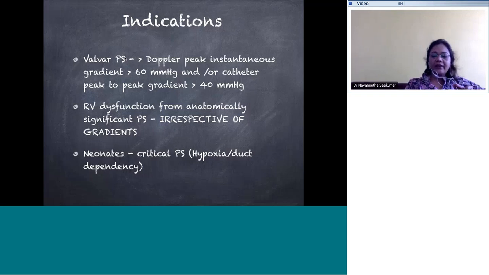There are some other rare indications: in post-operative congenital heart disease, such as repaired tetralogy of Fallot or a variant like VSD-PS, where there is recurrent stenosis predominantly at the valvular level, you can still do a balloon dilatation for rehabilitation in those cases as well.